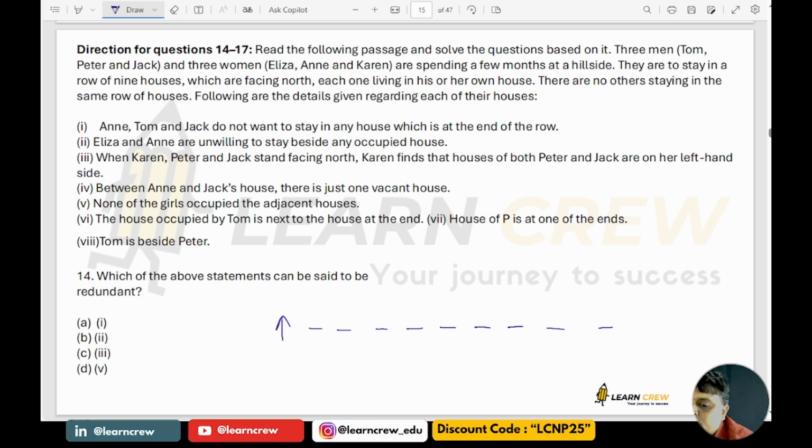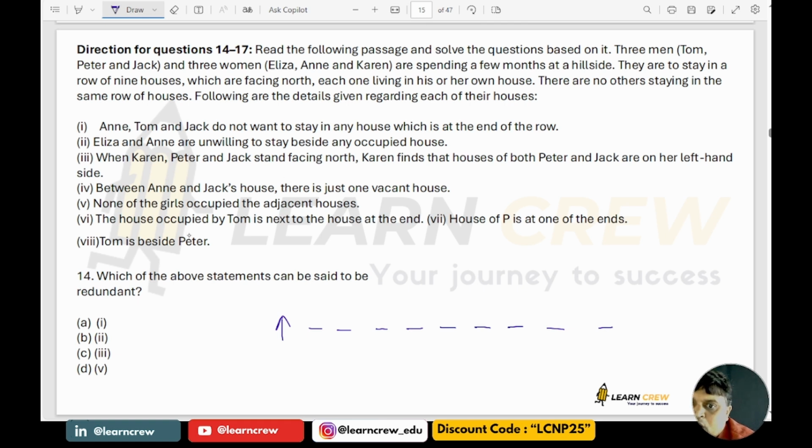Between Annie's and Jack's house, there is just one vacant house. Next, none of the girls occupy adjacent houses.